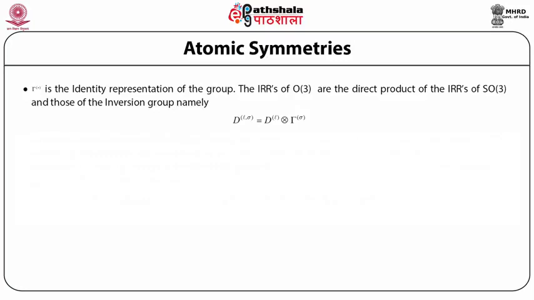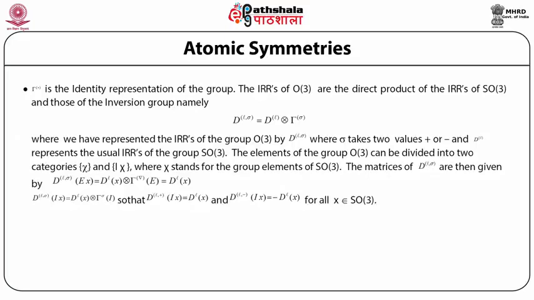The irreducible representations of O3 are thus the direct product of the irreducible representations of SO3 and those of the inversion group, namely the representations themselves. D_L sigma, being the representation of the group O3, is equal to the direct product of the representation D_L of the group SO3 with the representation gamma sigma, which is the irreducible representation of the inversion group.